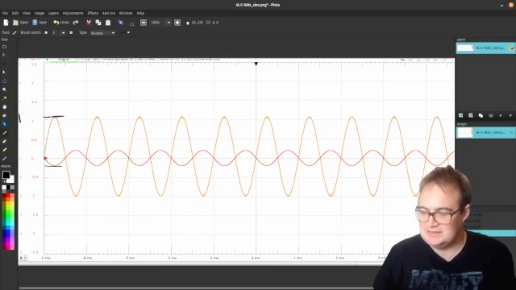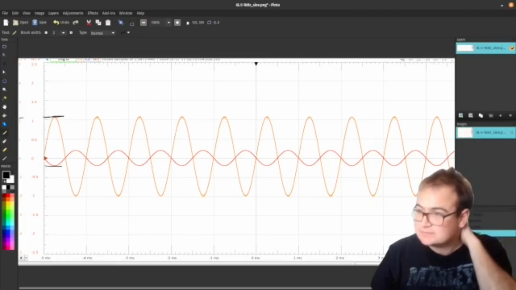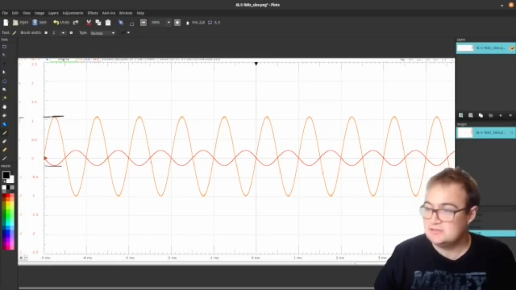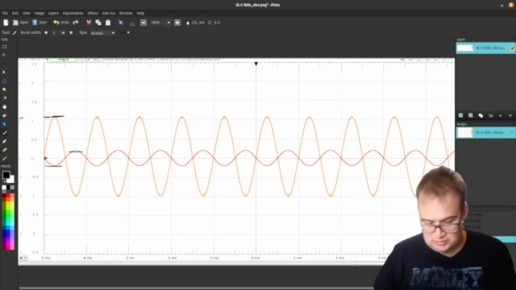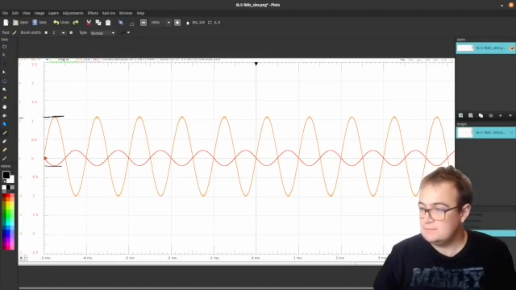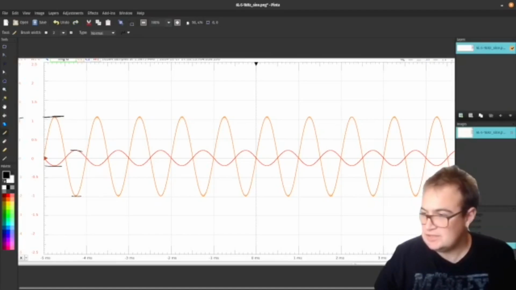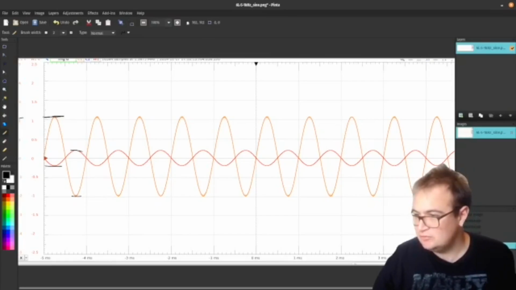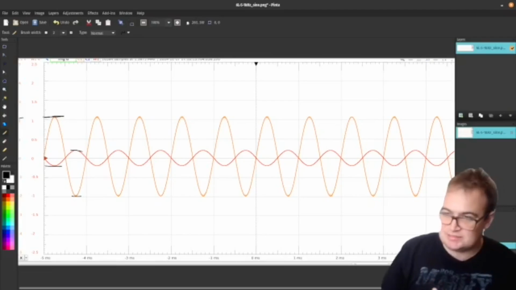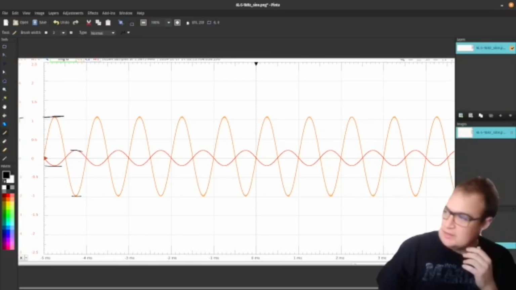So it's actually 2.1 volts down to when we have 200 millivolts there. Then we go down to about, I don't know, minus 1.9 volts. So it is about a gain of minus 10.